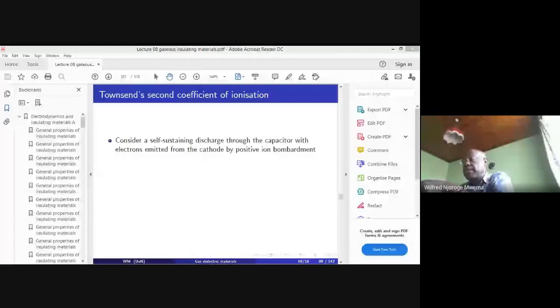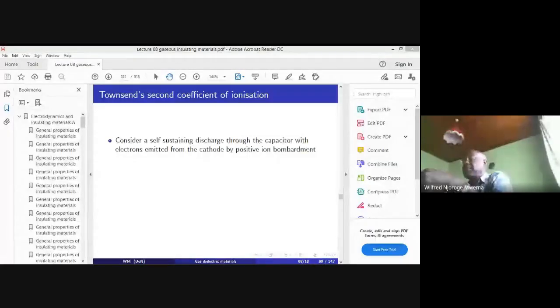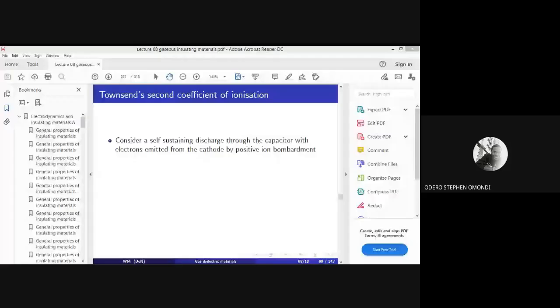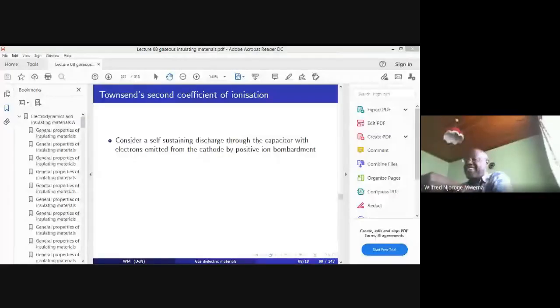Yes. Nitrogen will not oxidize if there's no oxygen, isn't it? As long as we don't have oxygen there, we cannot oxidize. So usually, like the transformer oil, you also have to treat it.